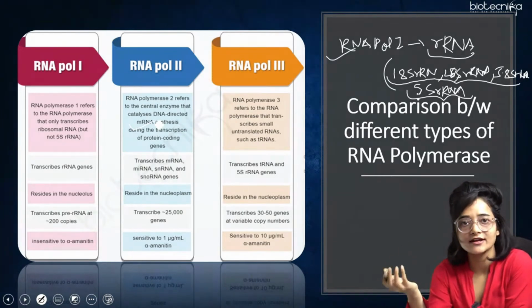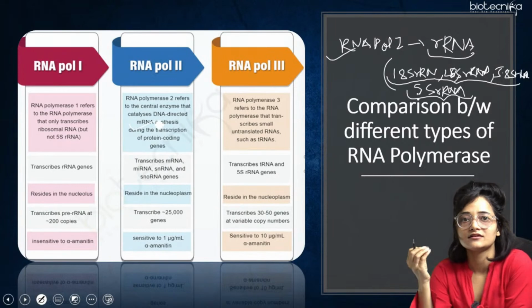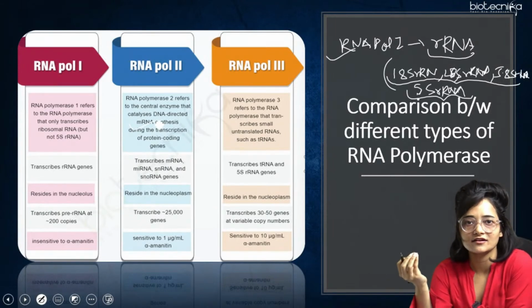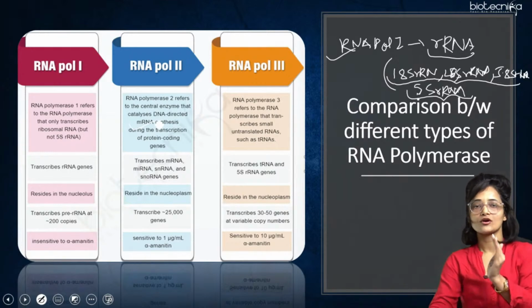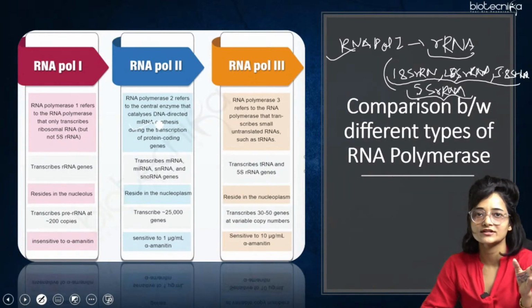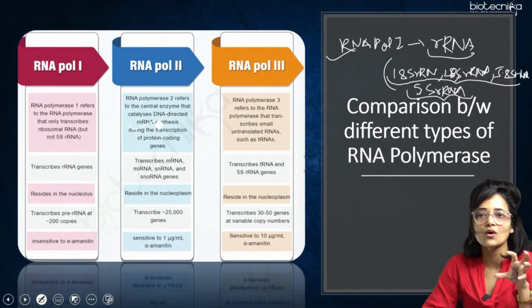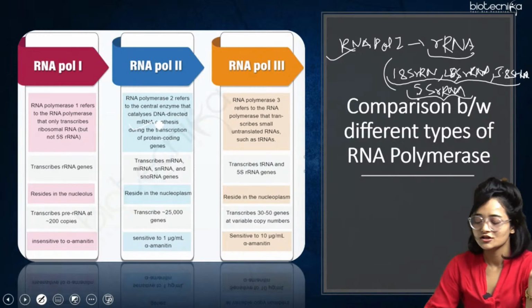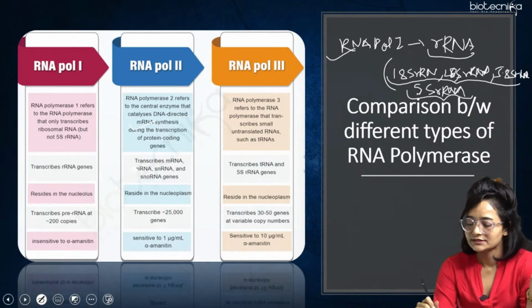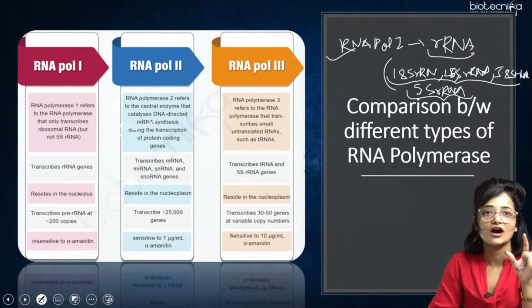Other than mRNA, it also transcribes the miRNAs, the snRNAs, and the snoRNAs, right? snRNAs are basically the small nuclear RNAs which are required during splicing. And snoRNAs are the small nucleolar RNAs which are required during other activities. So these are the major functions of RNA polymerase 2.